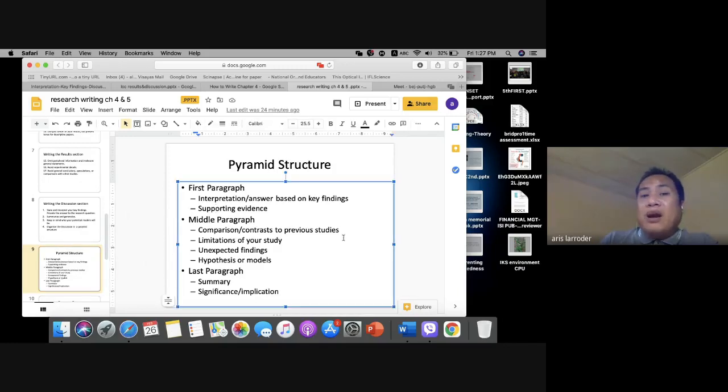In the first paragraph, you have to provide your interpretation and answer based on key findings. And then, what is your supporting evidence? Normally, the supporting evidence would be the table or the figure. So it's really important that you interpret the table and the figure first to your reader. So the narrative comes first.